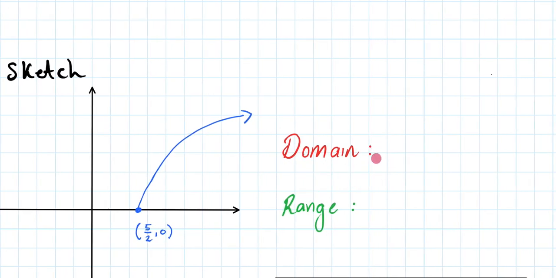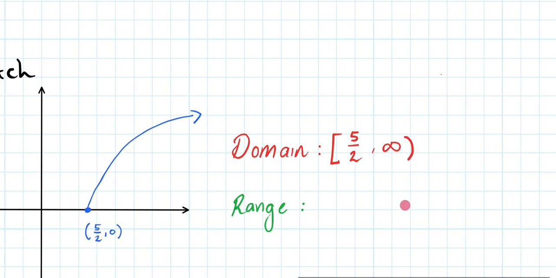When it comes to finding out what my domain is, we already have figured that out. I told you before that it's going to be 5 on 2 to infinity. And that is the same thing as saying x is greater than or equal to 5 on 2. These two things are the same.